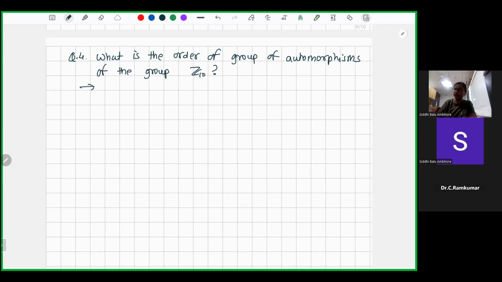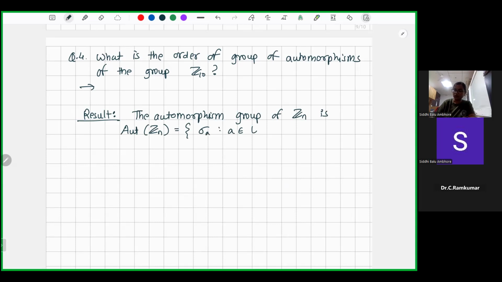We know this result or theorem, whatever you want to call it: the automorphism group of Zn is the set of sigma A such that A belongs to Un, where sigma A is a map from Zn to Zn such that M bar goes to M times A bar.